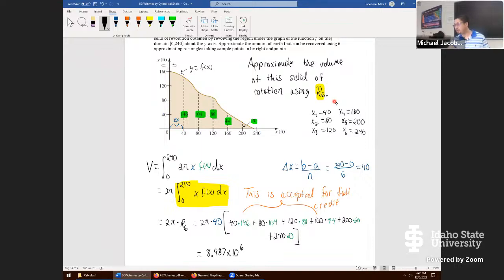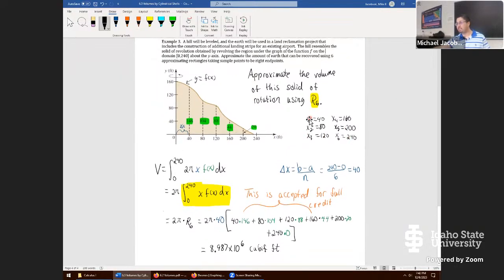So that's how many cubic feet of dirt would have to be moved. But we did it, folks. If you're working for the city of Idaho Falls and they're doing this project, here's the back of the envelope calculation to tell them a reasonable expectation. Then they might get some people with interesting topography, mapping, things like that to give a better estimate. But this would be a good first pass. The city might say, well, that's way too much or reasonable, and move the project forward after that step.